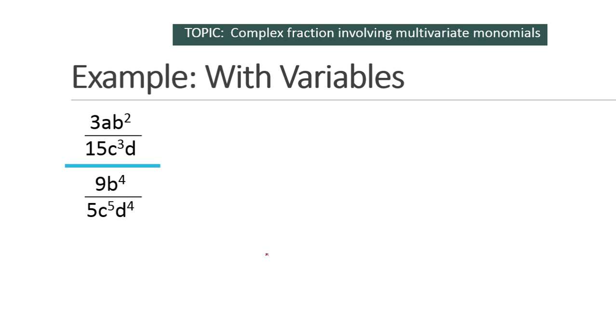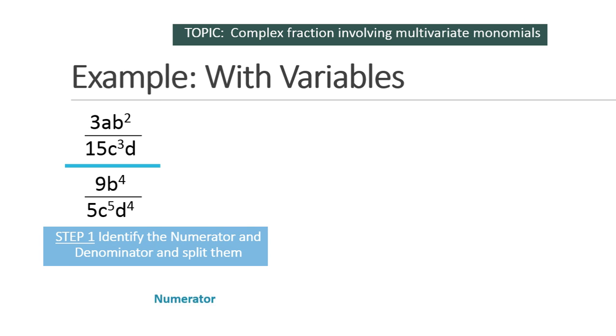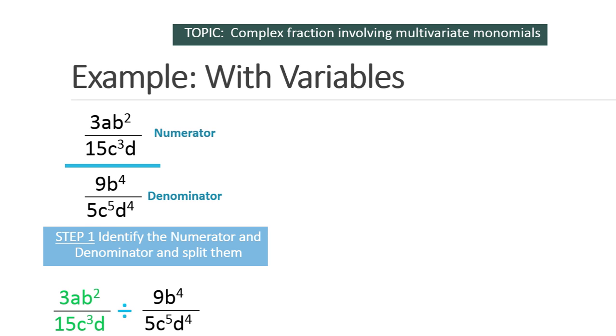We're first going to separate the two terms, identify the numerator and denominator, and split them. So we end up getting 3ab squared over 15c squared d squared divided by 9b to the fourth over 5c to the fifth d to the fourth. So we just separate them.